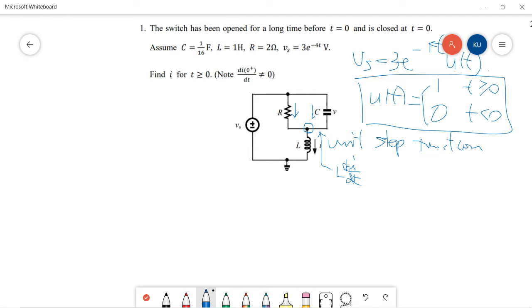Actually, we can call it VL, but as long as we have too many variables, we'll feel confused when solving them, because we'll tend to write some formulas which are dependent, and then we cannot eliminate the variable.